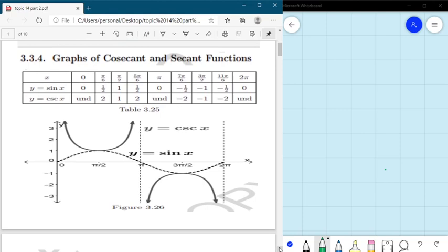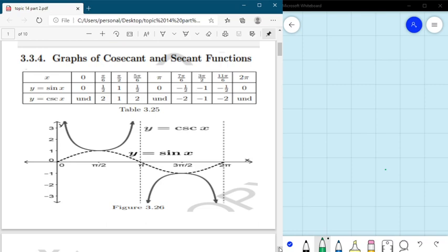For the cosecant function, we know that cosecant x is equal to 1 over sine x. That is, sine x must not be equal to 0, because when sine x is equal to 0, the inverse of that, which is cosecant x, is undefined.